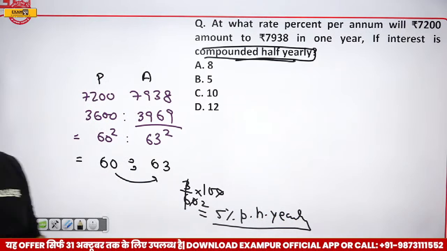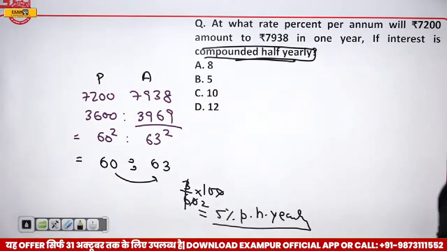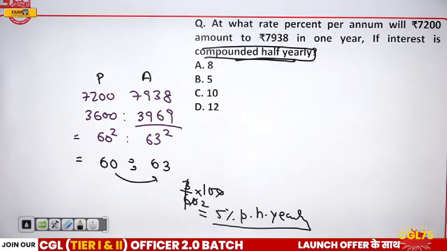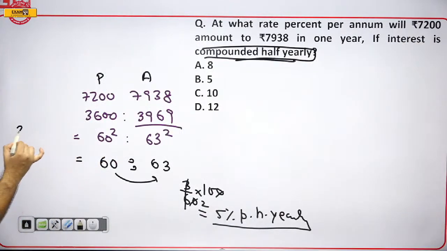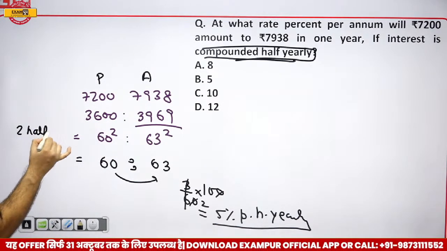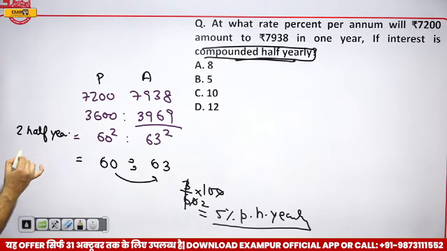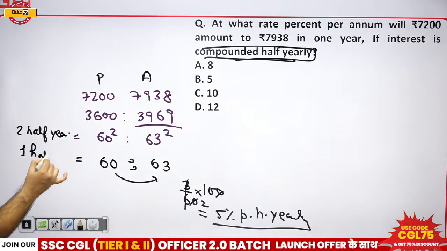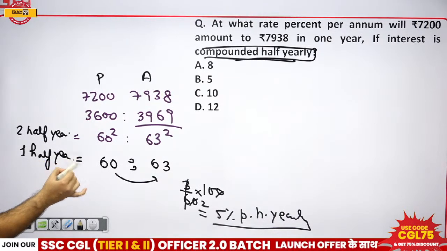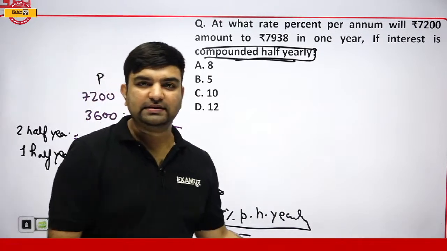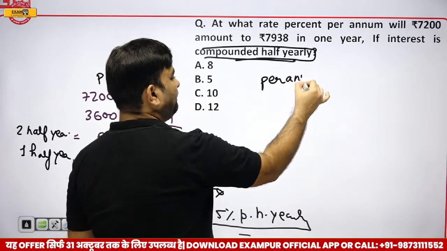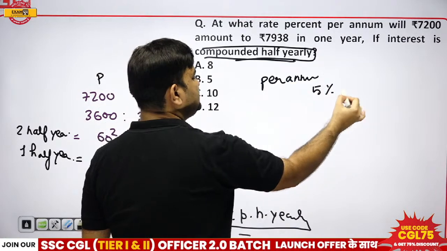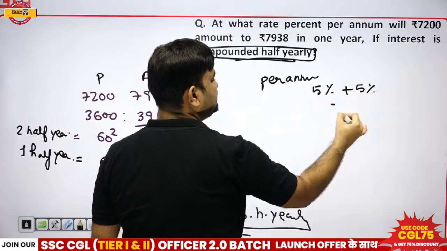This is the change happening in 1 year. 1 year means two half yearlies. So in one half yearly, you will get 5% as the interest. So per annum is 5% in the first, 5% in the second, it's 10%.